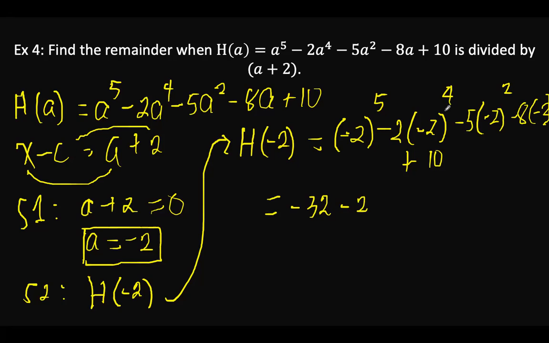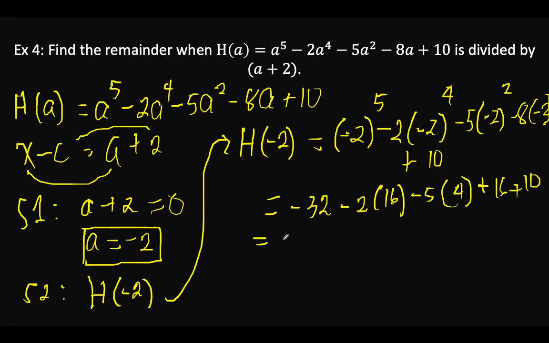Negative 2 raised to 4 is positive 16. And here, negative 2 squared is 4. And 8 times negative 2, that's positive 16, plus 10. Okay? I hope everyone can follow.